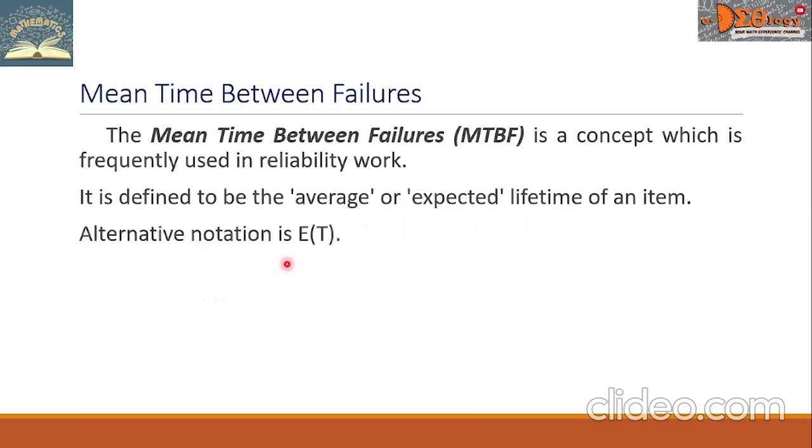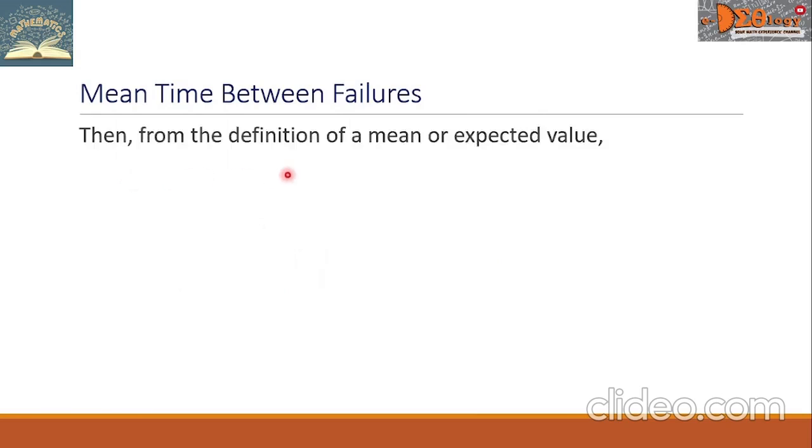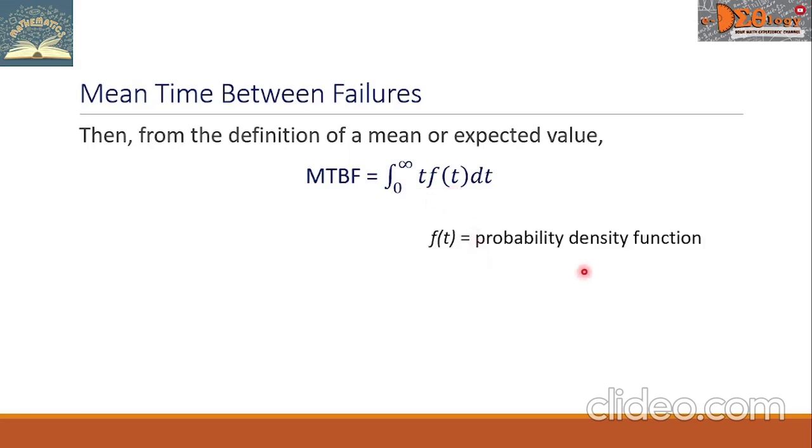Alternative notation is capital E of t. Then from the definition of a mean or expected value, we have this formula. MTBF equals the definite integral from 0 to infinity, the variable t times f of t, then dt. This f of t is the probability density function.